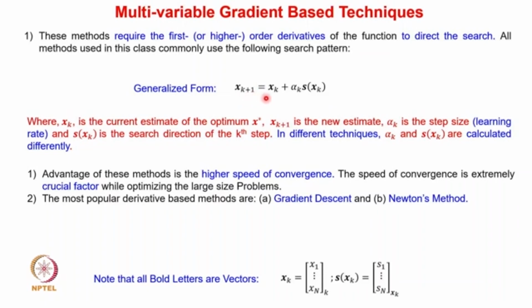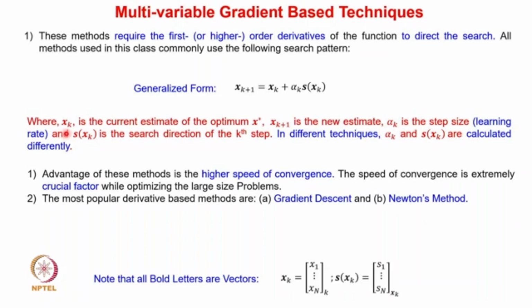We calculate that based on the optimal guess at the current, kth iteration, plus alpha k, the learning rate or step size at the kth iteration, times s x k, the search direction. All the terms on the right hand side are calculated at the kth iteration, and based on that we predict the optimal guess in the k plus 1th iteration.